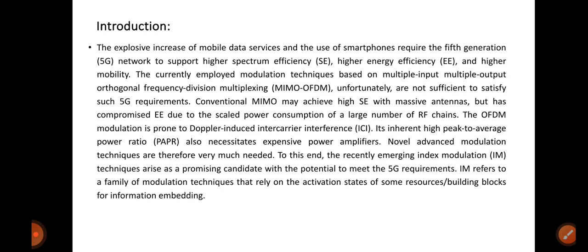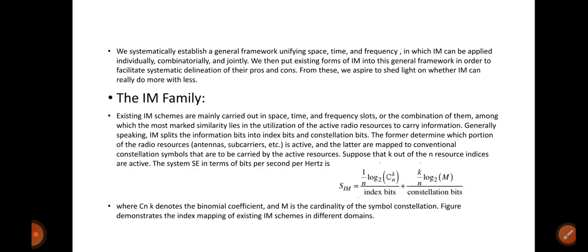To this end, the recently emerging index modulation techniques arise as promising candidates with the potential to meet the 5G requirements. IM refers to the family of modulation techniques that relate to the activation states of some resource building blocks for information embedding.